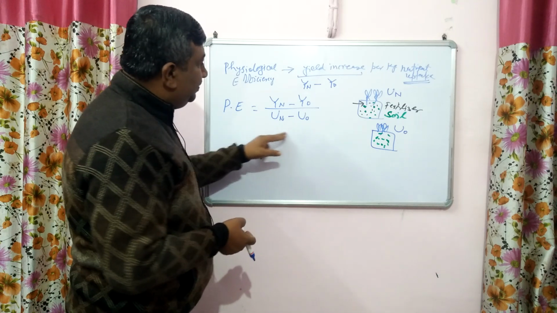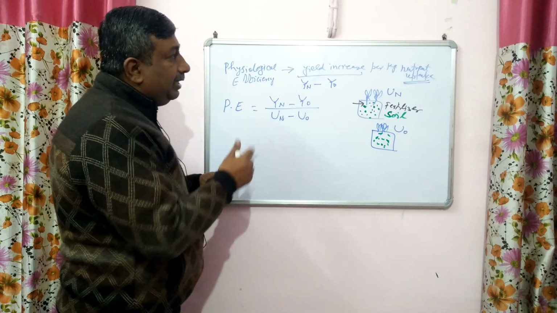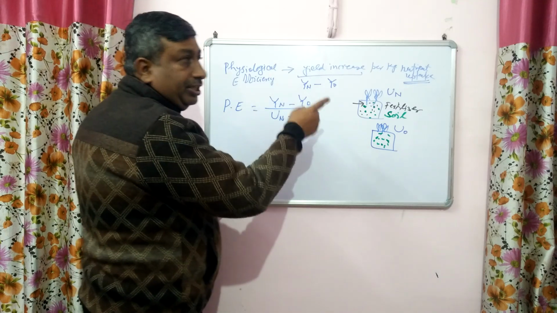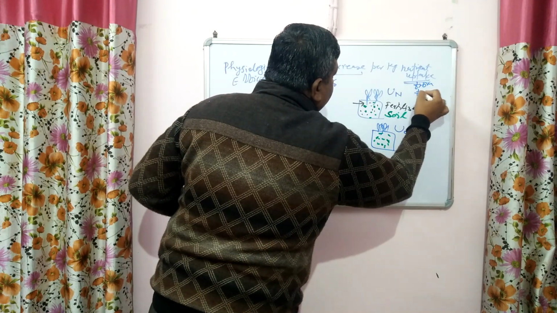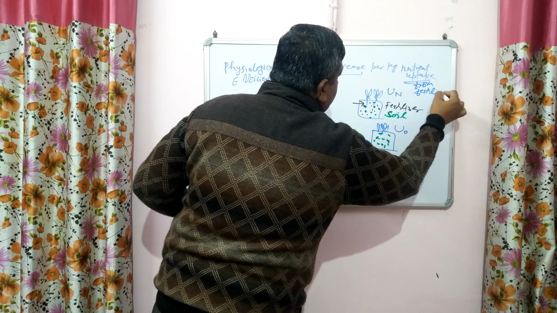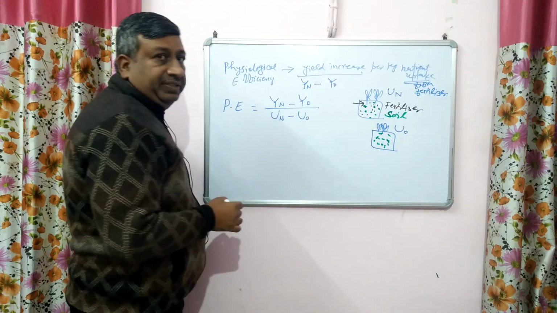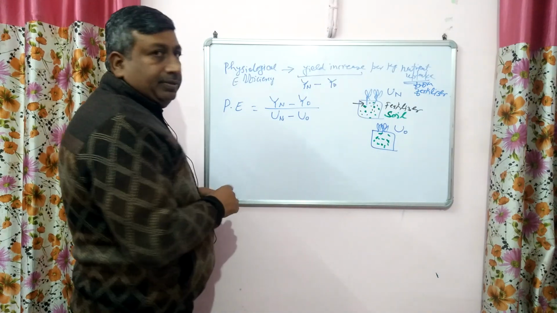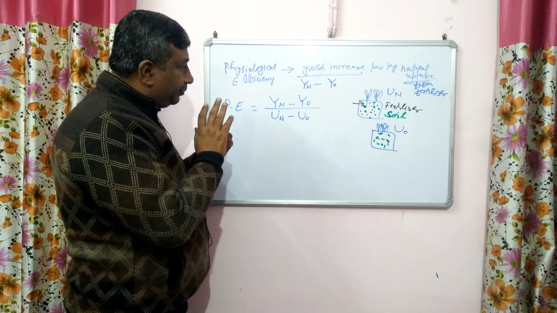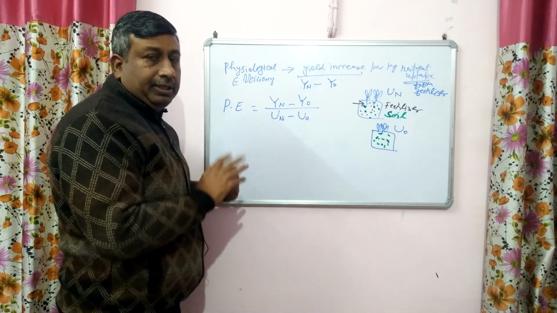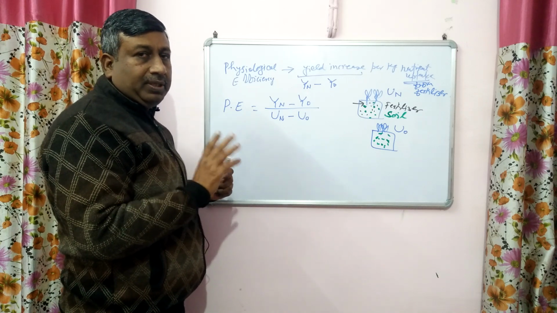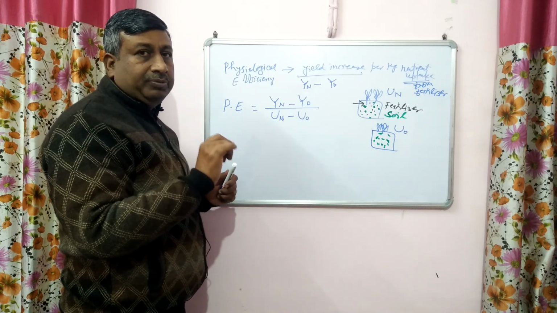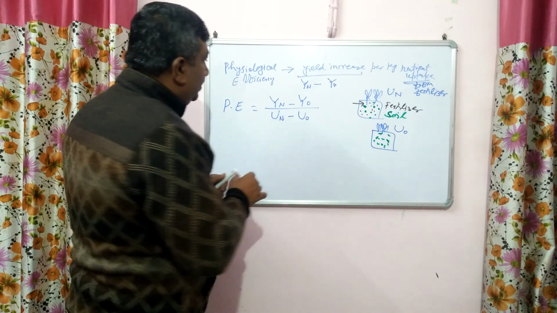Okay, so physiological efficiency is yield increase per kg nutrient uptake from fertilizer. So this is physiological efficiency. So we have to consider both how much yield increase from the fertilizer, number one, number two, how much nutrient is absorbed from fertilizer.